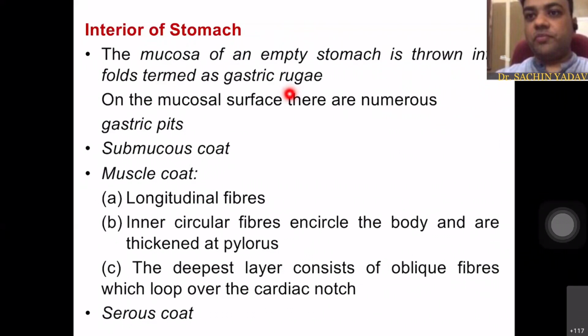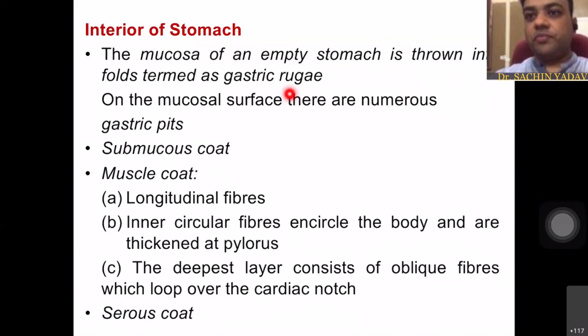The submucosa. When you see the sections of the whole GI system, you will find four layers. These four layers from inner to outer are the mucous membrane, then the submucosa, that is between the mucous membrane and the muscular layer. The third layer is the muscular and the fourth is the serosa.